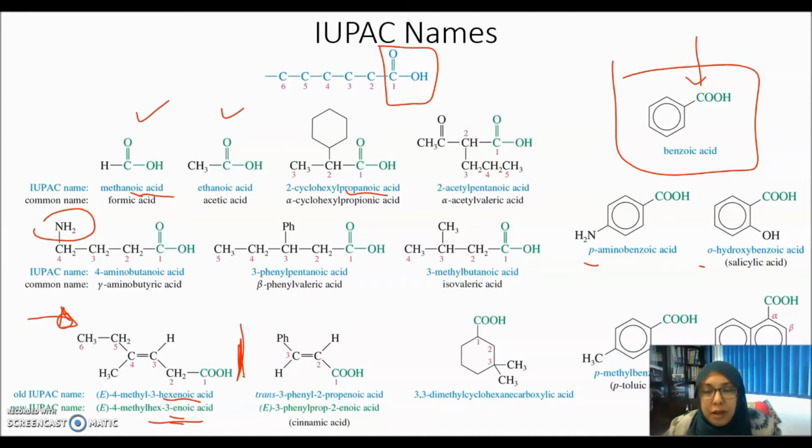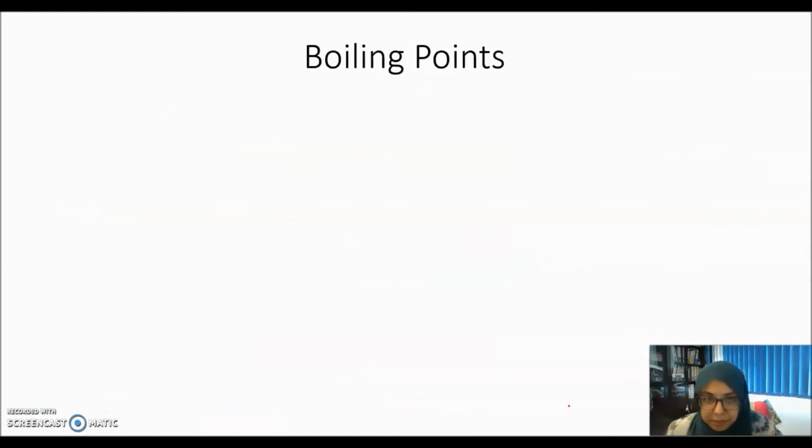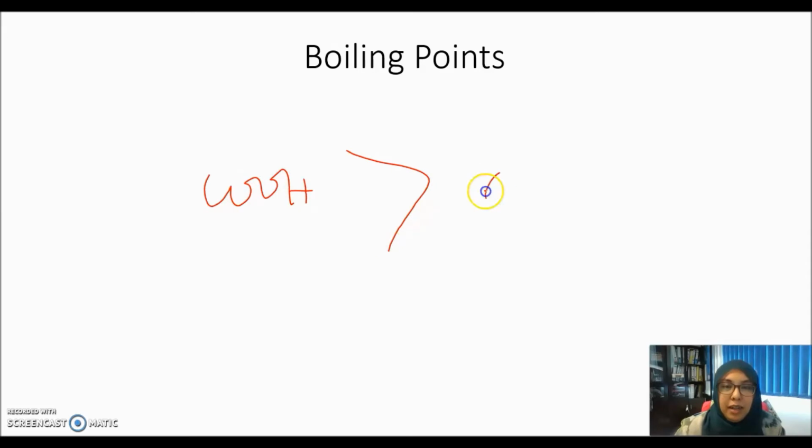Okay, now what if we see something like this? So this is called cyclohexane carboxylic acid, and you're going to number it as per the example there. Alright, so essentially the boiling points of carboxylic acid will be higher than alcohol, and higher than many other functional groups.